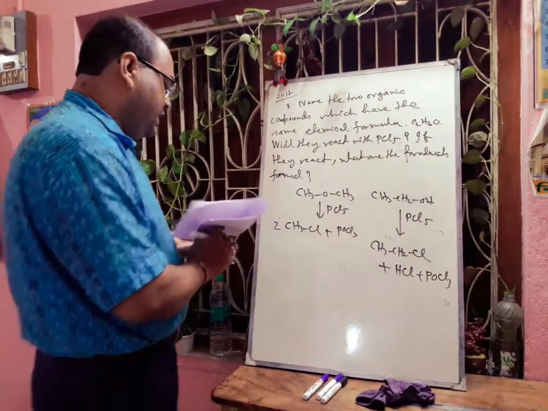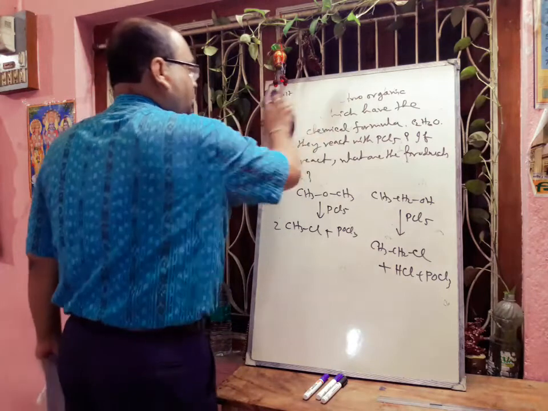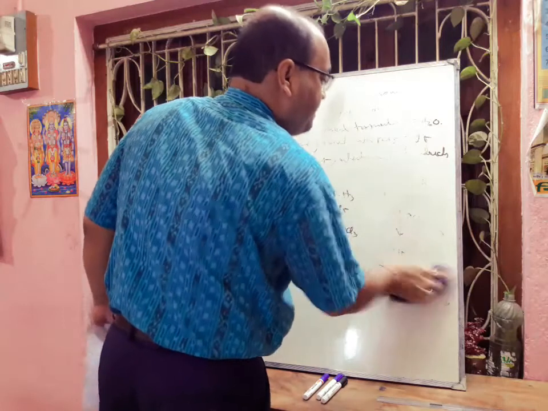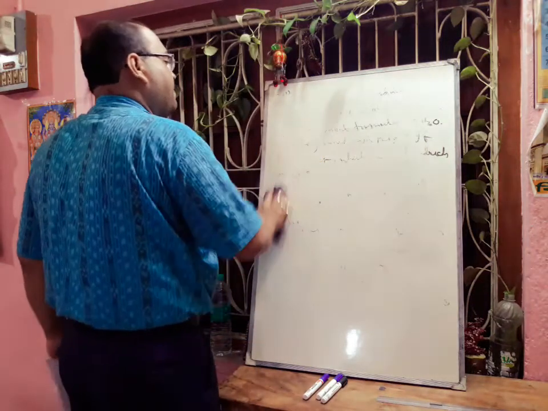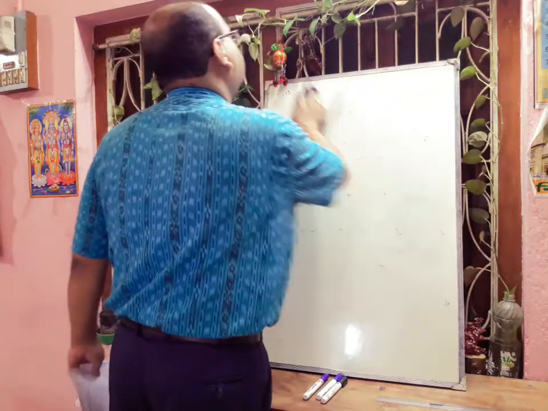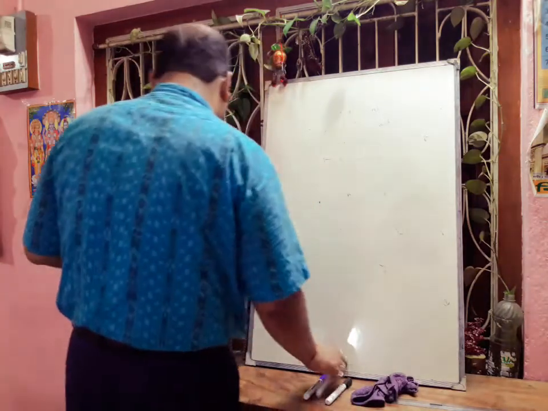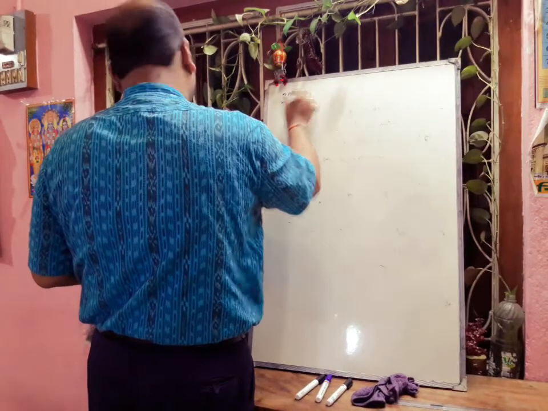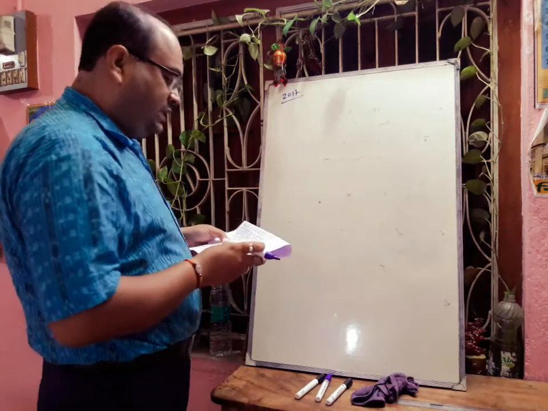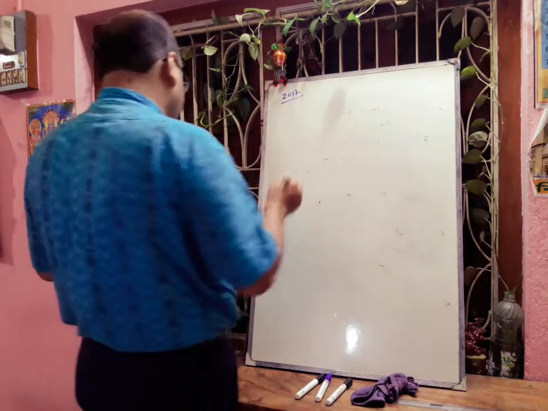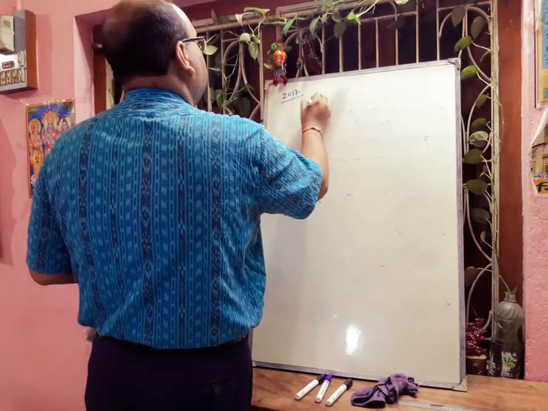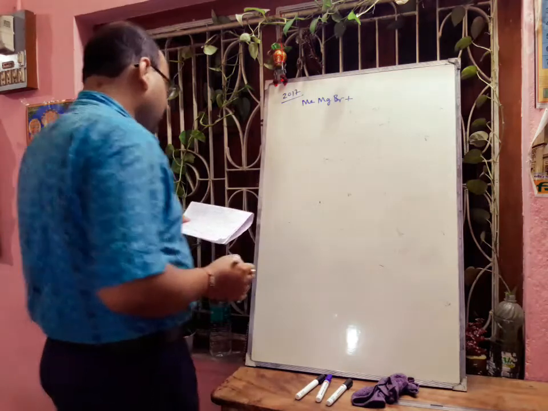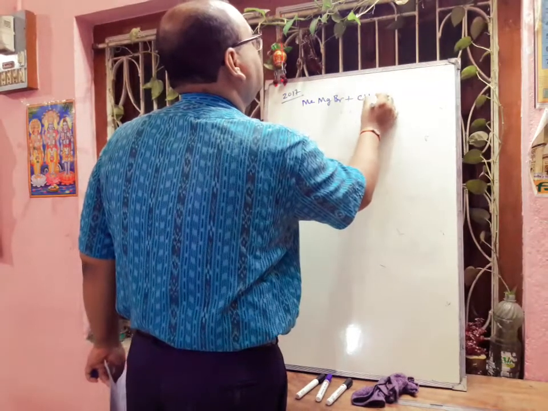Next question in the year 2017: give a balanced equation for the following reaction. Methyl magnesium bromide is reacting with ethyl alcohol, CH3CH2OH.